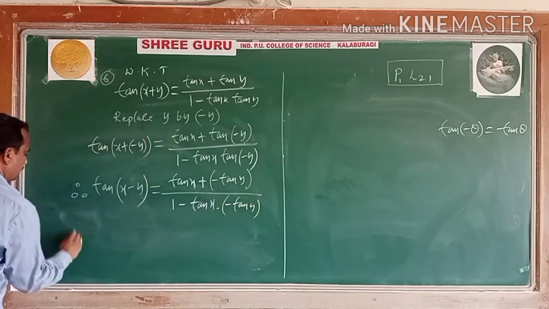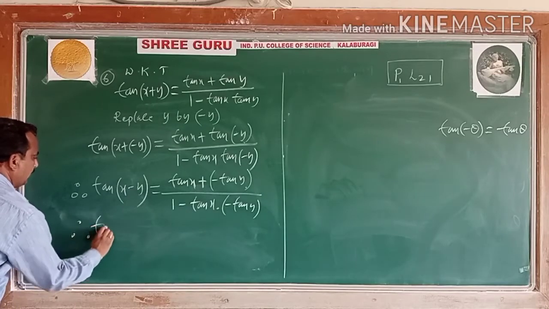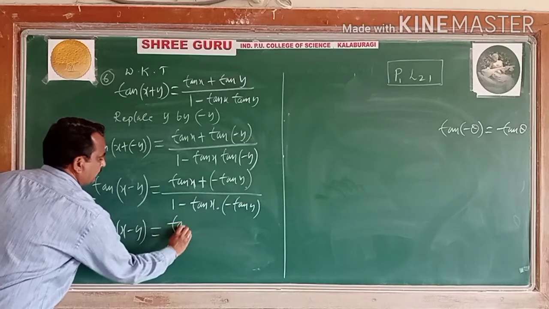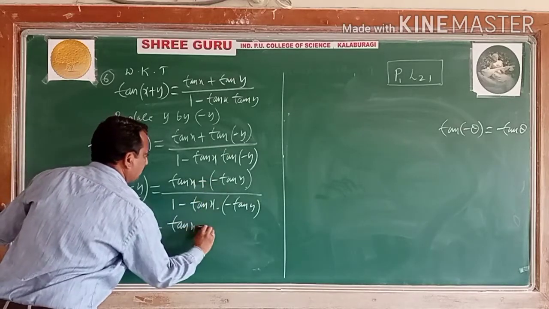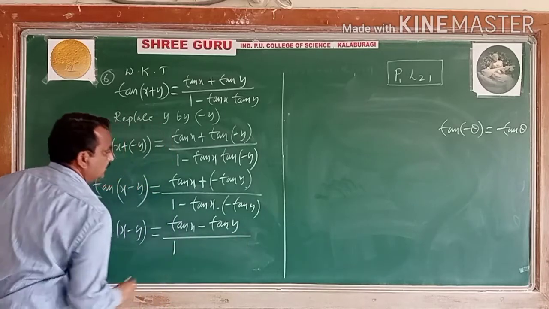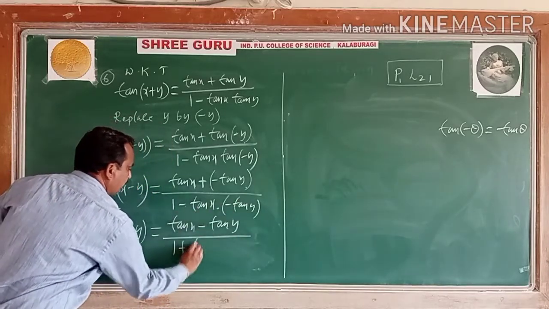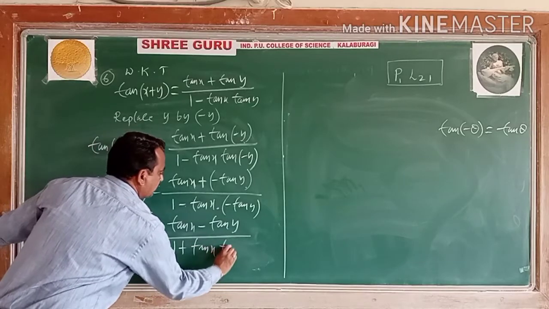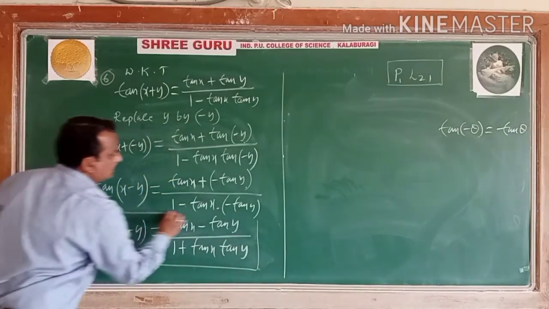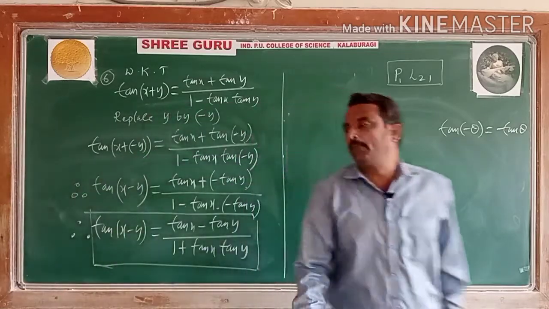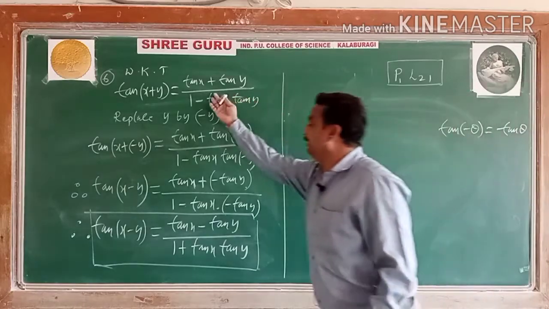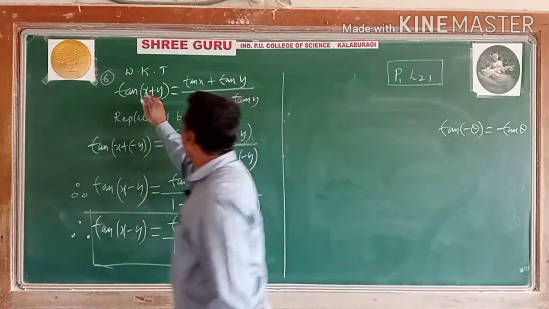Simplify this one. So therefore tan of x minus y is equal to tan x minus tan y divided by 1 plus tan x into tan y. This is the sum and difference of tan.